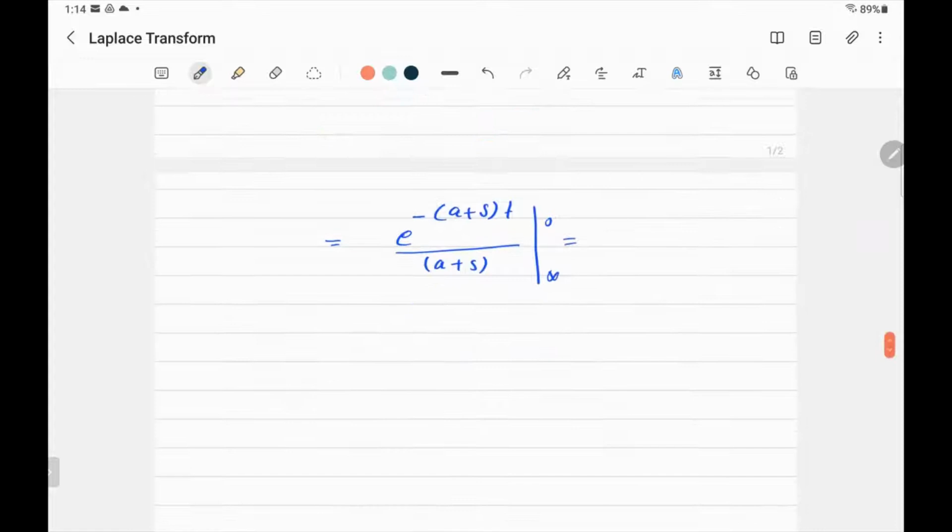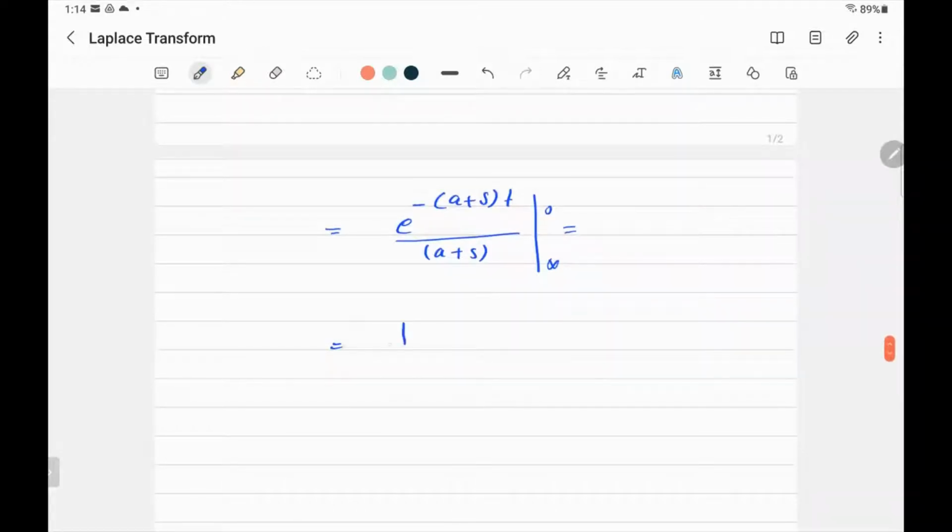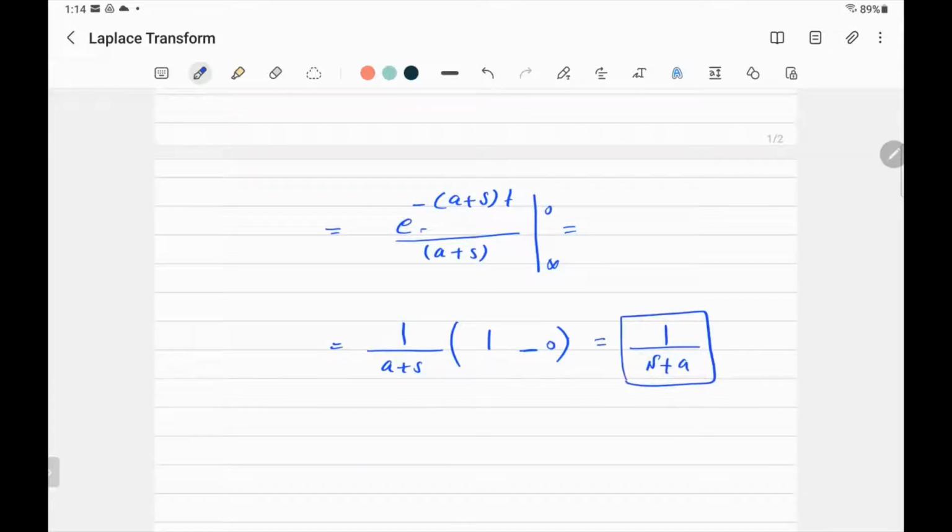Now I have 1 over (a plus s) as a common factor, and then I substitute: e to the power 0 is equal to 1, minus e to the power minus infinity, which equals 0. So the answer is 1 over s plus a. So the Laplace transform for the exponential function e to the power minus at times u(t) is equal to 1 over s plus a.